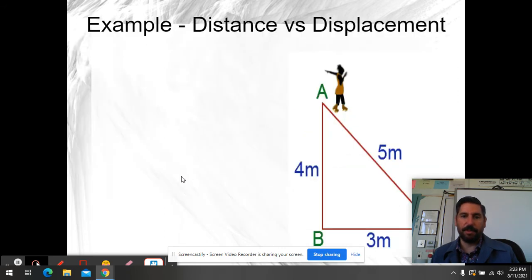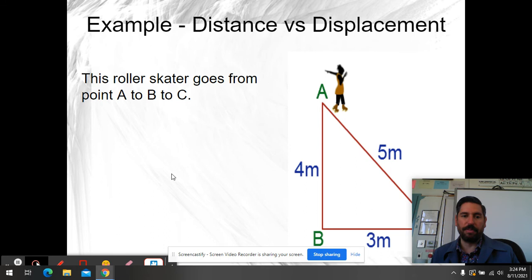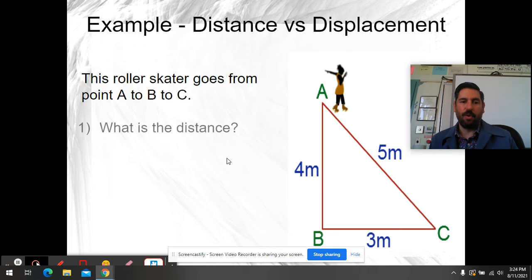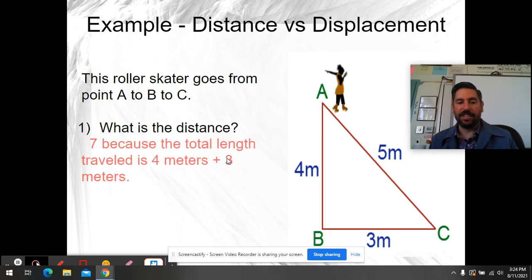Let's look at this example. This roller skater goes from point A to point B to point C. What is the distance? Take a guess. Not worth any points, but just take a guess. The answer is 7. A to B to C, the distance would be 4 plus 3, which is 7 meters.